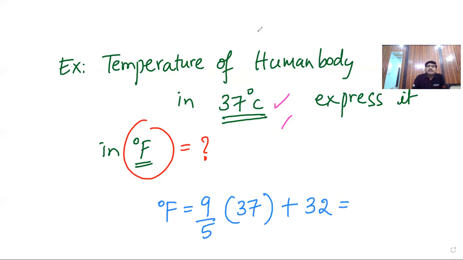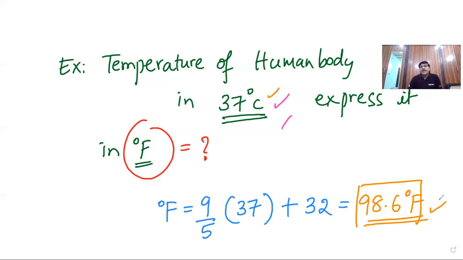If you simplify this, that becomes 98.6 Fahrenheit. That means 37 degrees Celsius becomes equal to 98.6 Fahrenheit. This is how we do the conversion.